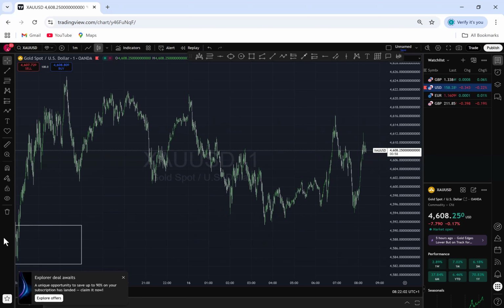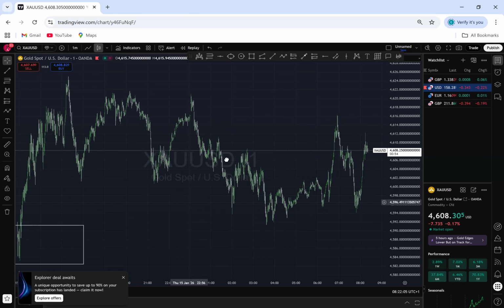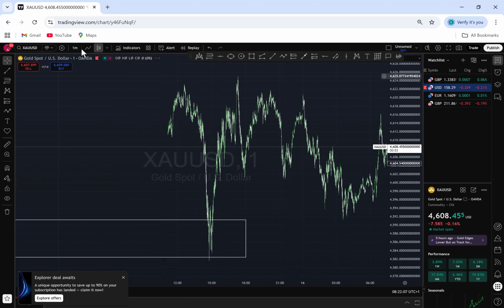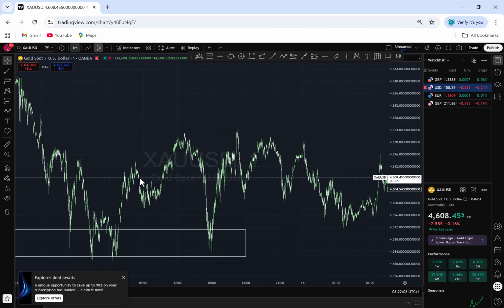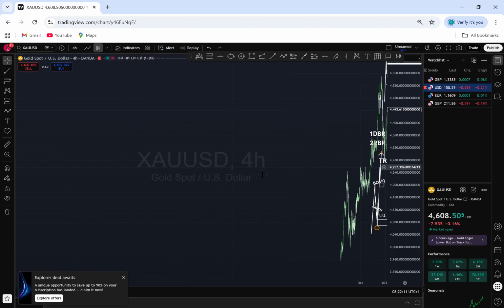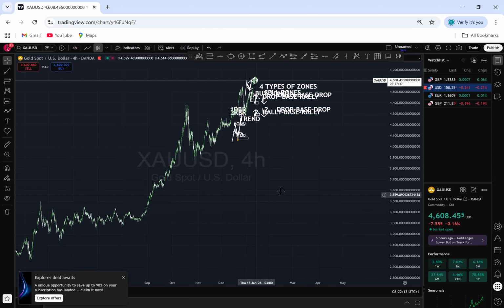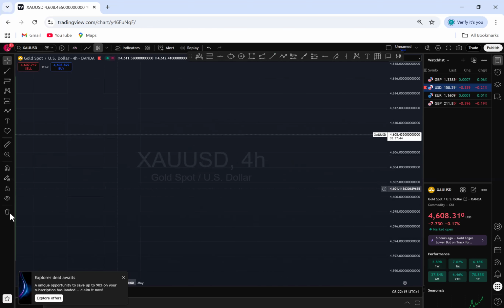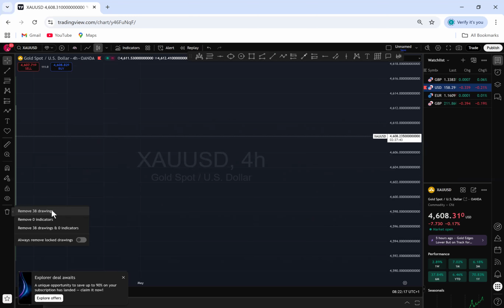At what point do you start looking for a sell? So it is when, let's say you are in a buy trend, when your external low has been taken out, that's when you now start looking for sells.